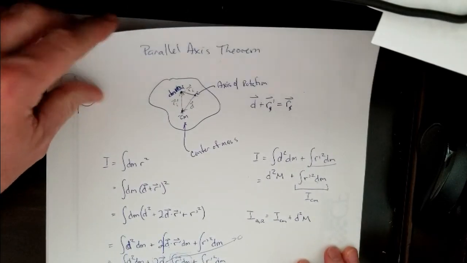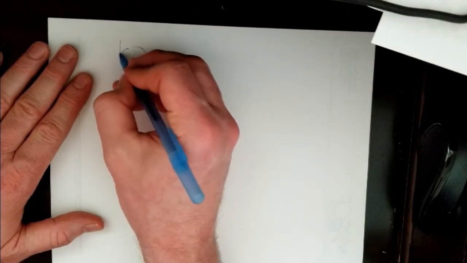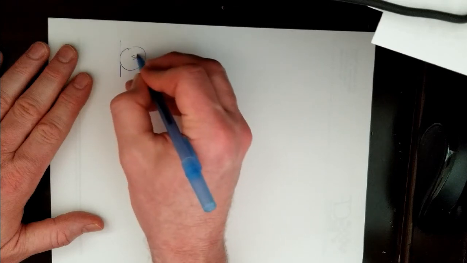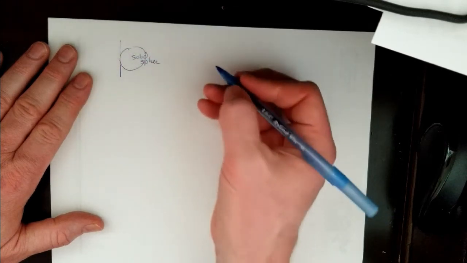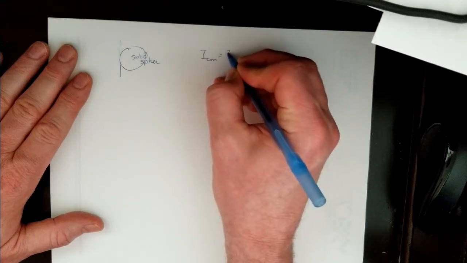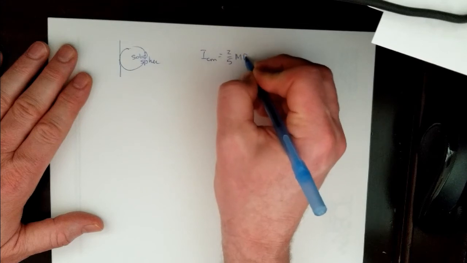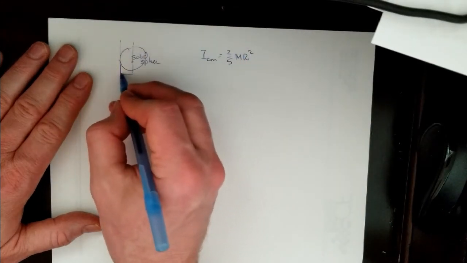We can apply that. Since we've already done the solid sphere, let's take the sphere rotating about this point right here. I know that the moment of inertia around the center of mass for a solid sphere is 2/5 mr squared. I have moved the axis. The axis is not here, the axis is here.